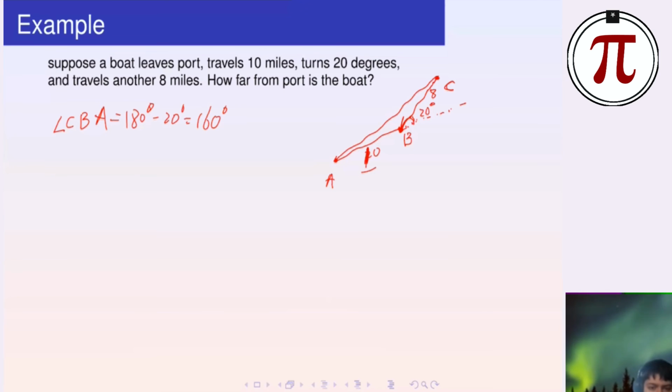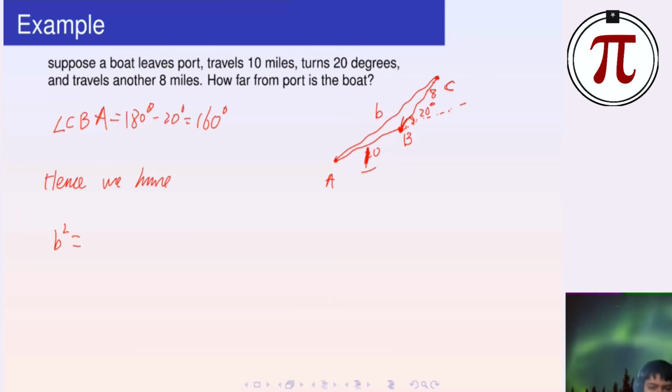So hence we have AC squared. Let's say this is b, right? So b squared equals what?